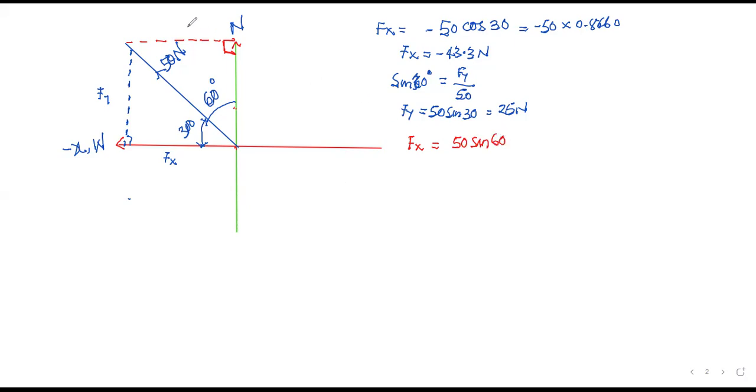However, this Fx also lies within the negative, so minus 50 sine 60, root 3 on 2, or 0.866.